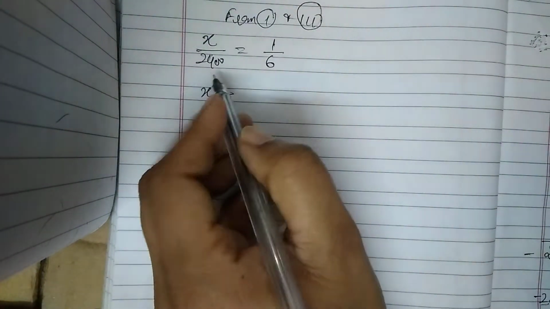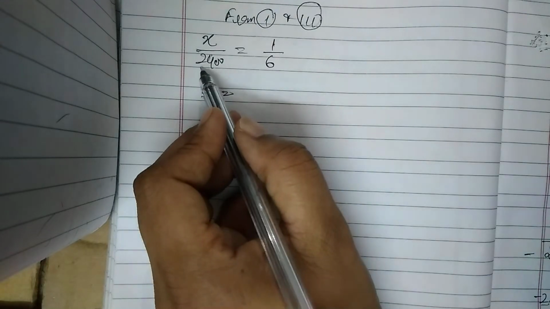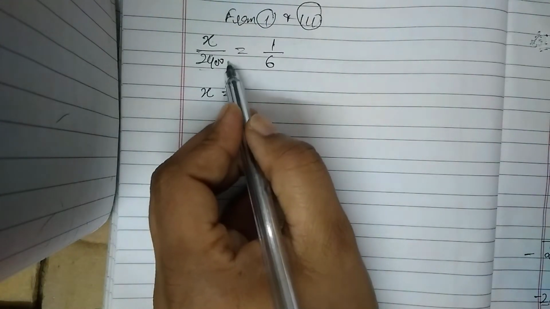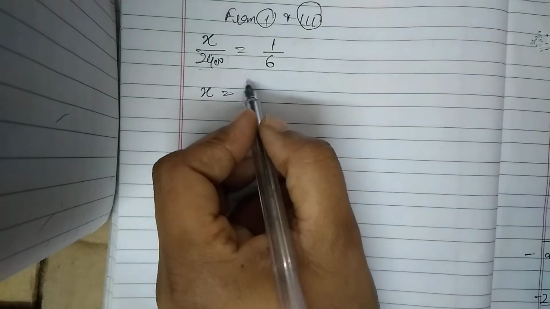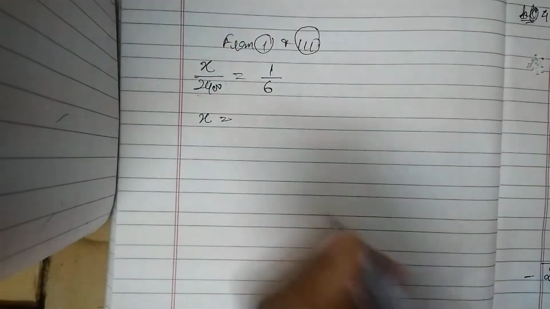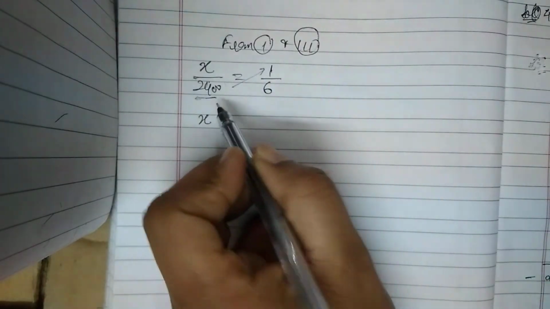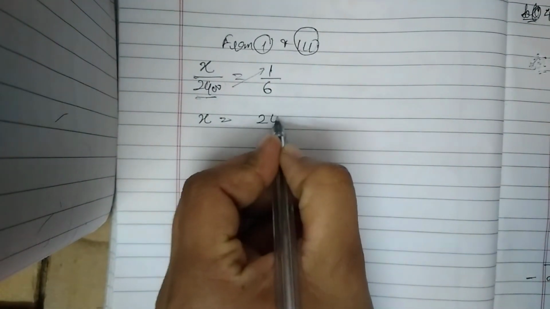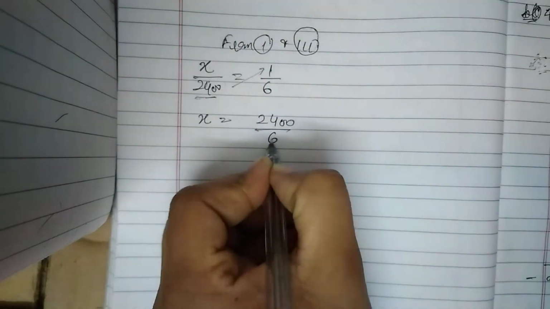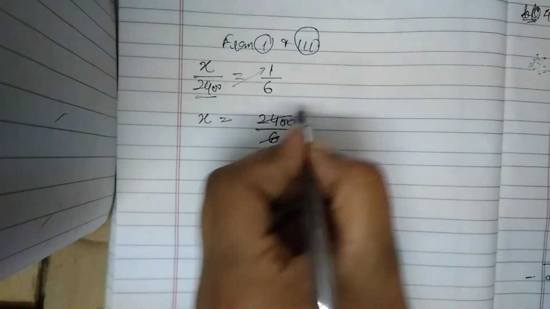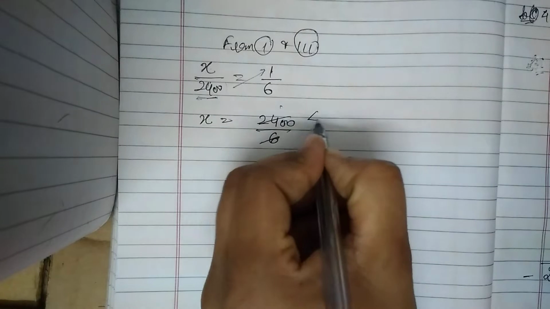X is equal to, always write the value of below x, and shift this value to here without any other changes, like 2400 upon 6, divided by 6, that is 400.